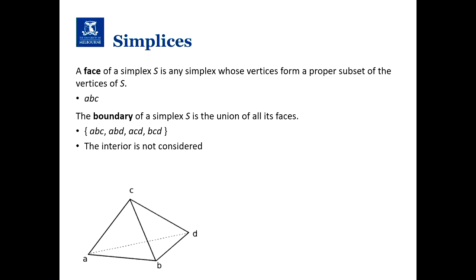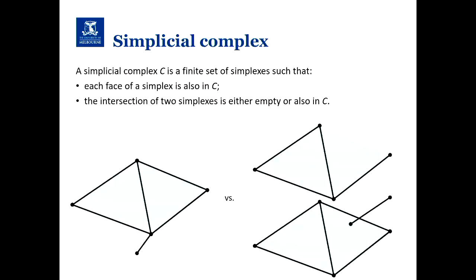So the conditions are that what we have as a face is a part of a whole set of simplices. Are you with me? Might be better if I show you more examples. So all of these things can form a complex, which would be a finite set of simplices.